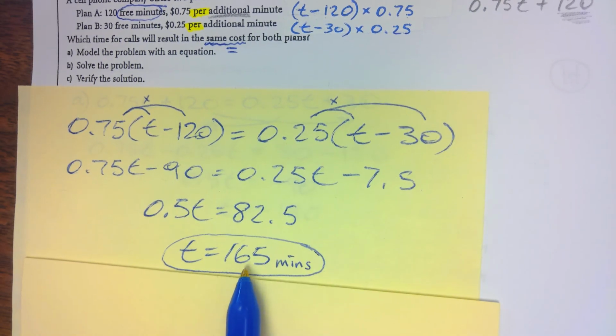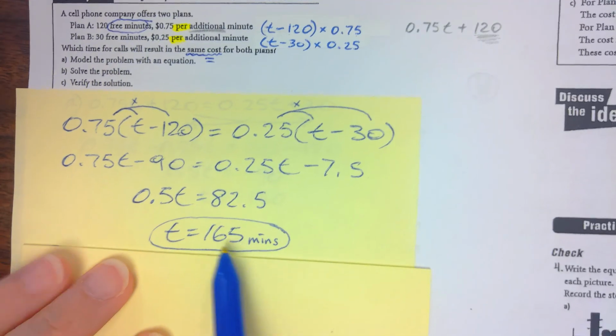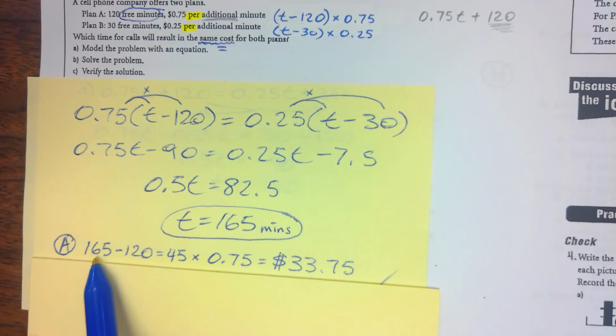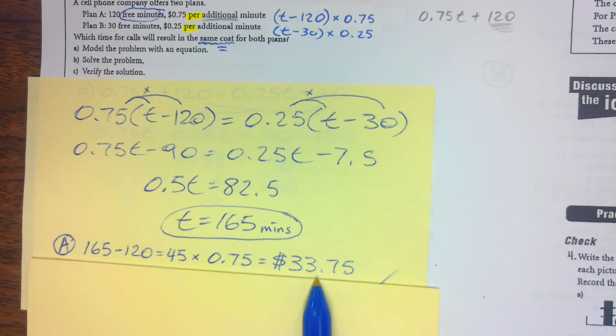You're saying that when both plans, you talk 165 minutes, they are the same, you get charged the same. So if you think logically, well, 165, I get 120 minutes free. So that means I have to just pay for 45 extra minutes, 75 cents each. So I get charged $33.75.